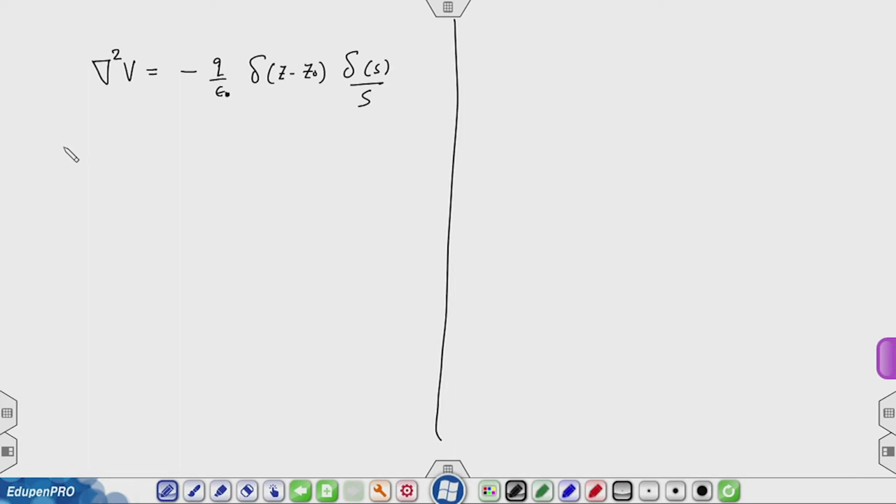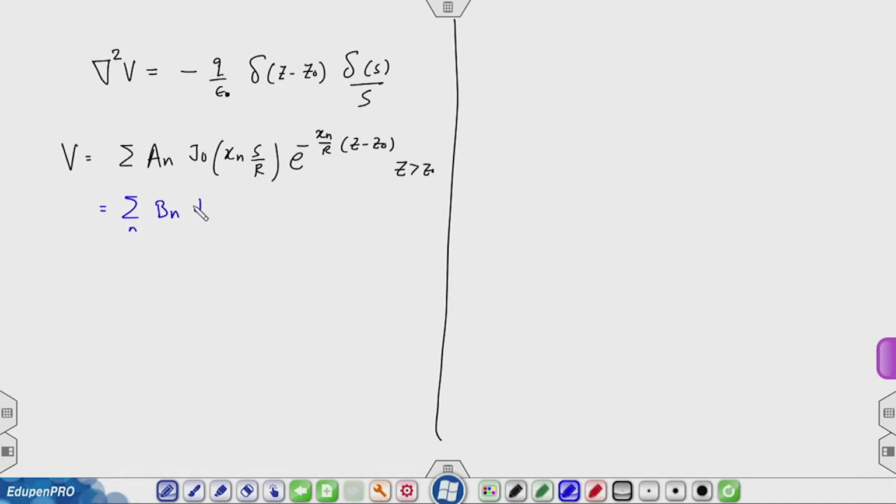And I have written V as summation a_n J0(x_n s over r) e raised to minus x_n over r (z minus z0), z greater than z0, and as equal to summation over n b_n J0(x_n s over r) e raised to plus x_n over r (z minus z0), z less than z0.